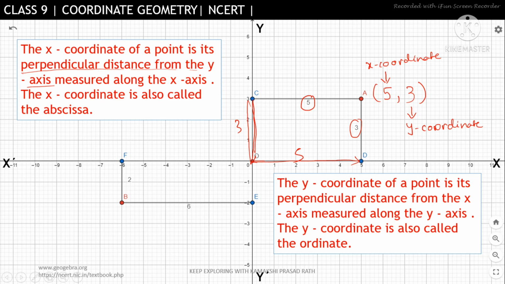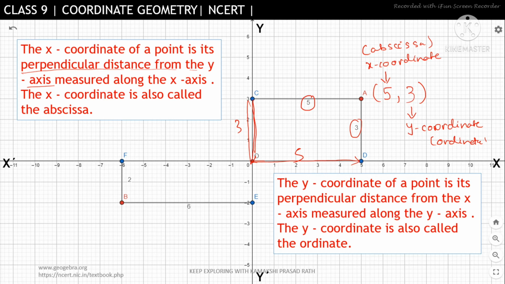And we have special names for the x coordinate and y coordinate. The x coordinate is called the abscissa and the y coordinate is called the ordinate. So you have to understand the words: one is abscissa and another one is ordinate. Abscissa is the x coordinate and ordinate is the y coordinate.